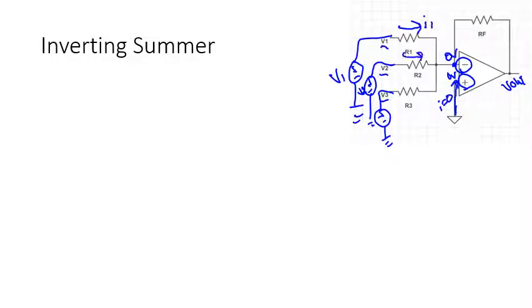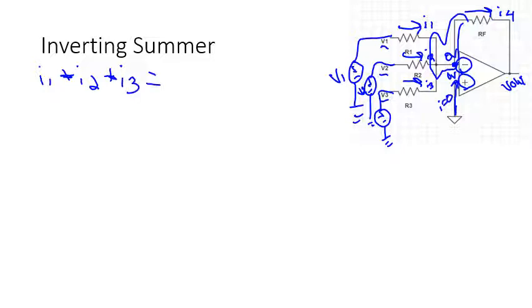I'm going to call that I1 through resistor 1, I2 through resistor 2, I3 through resistor 3, and we'll call it I4 through RF. Looking at this node here, this really whole thing is a single node, right? What currents are going into that node? I have I1 plus I2 plus I3. What's leaving it is I4, that current through that feedback resistor.